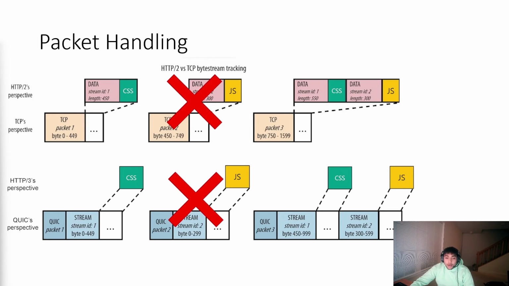TCP was never clever enough to handle that if one of those goes missing. By having the separation of streams on the transport layer, this leads to other QUIC benefits like smarter loss detection and usage. QUIC doesn't need to retransmit full packets, it just retransmits parts of those packets if it wants to.